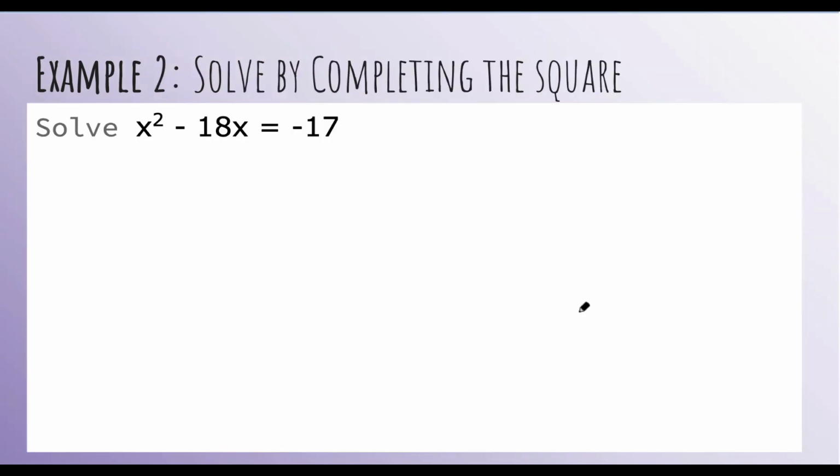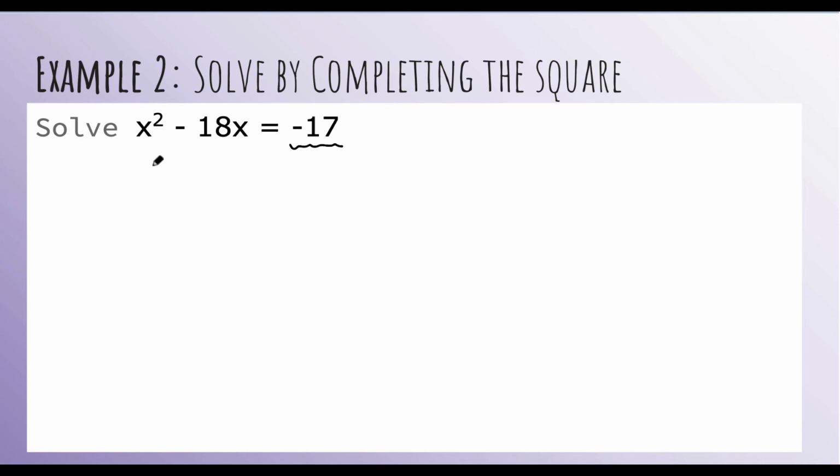All right, let's look at example 2. We're going to solve a quadratic equation this time using our completing the square process. Right now we can see that we have a quadratic equation in the form of ax squared plus bx equals c. So our constant term is over here on the right-hand side. And that's okay. That's actually how we would like to have these types of problems set up.